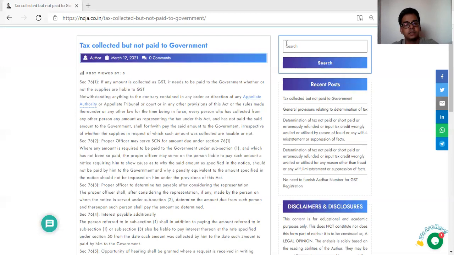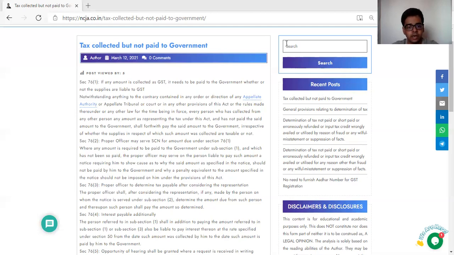Section 76 subsection 2 tells me that the proper officer may serve a show cause notice on the taxpayer that this is the amount due as per my calculation.